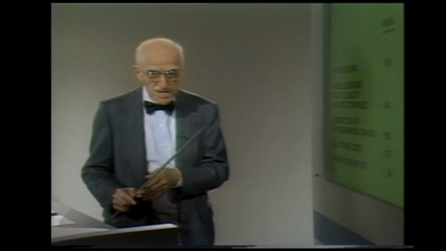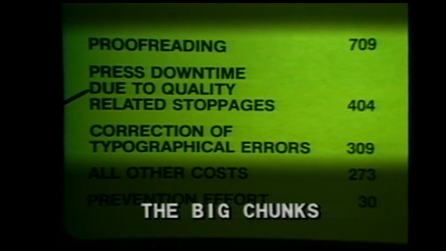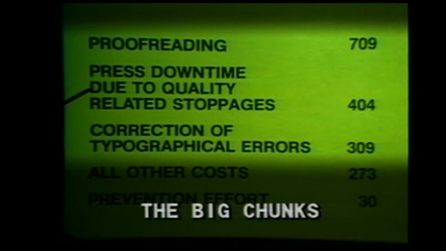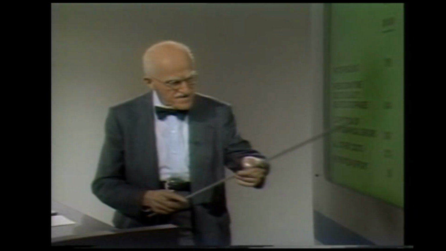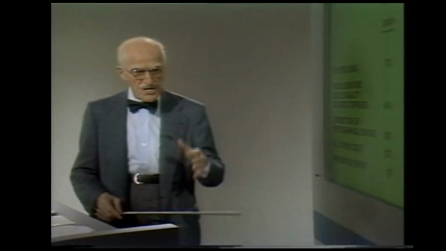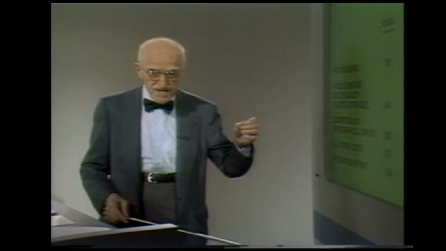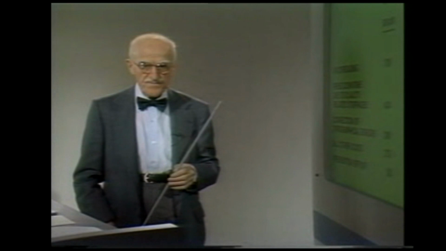The big chunks consisted of proofreading, downtime of the processes while awaiting corrections, and correcting typographical errors. Collectively, these accounted for 82% of the money. Clearly, no major reduction was possible unless action could be taken on those big chunks.